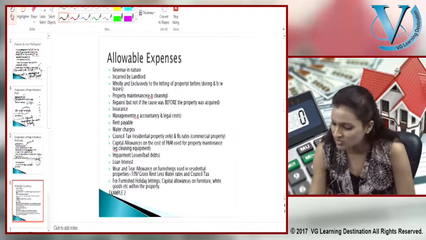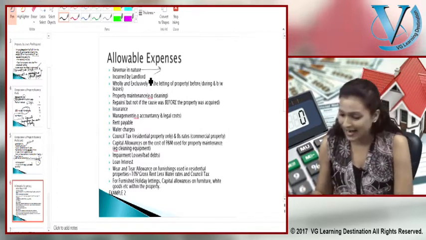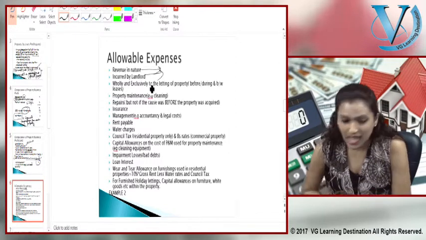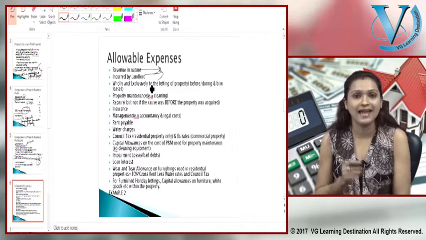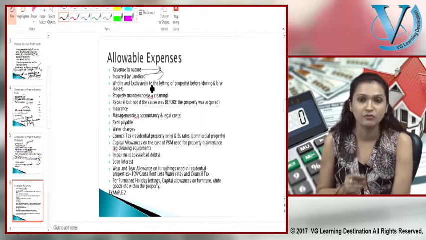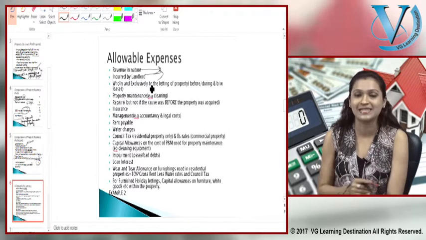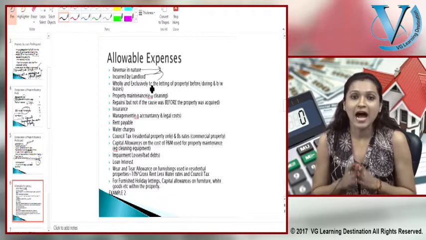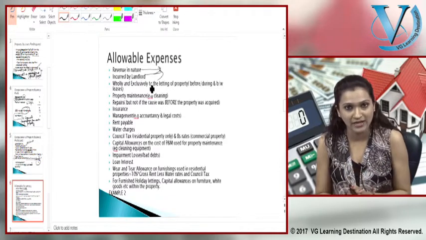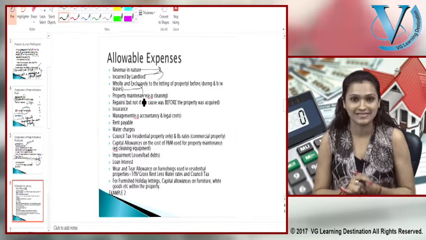Any revenue expense needs to be incurred by the landlord himself, and it must be wholly and exclusively for the letting of the property before, during and between the leases. So any expense which is wholly and exclusively attributable to the said property is what you can claim as an allowable expense.